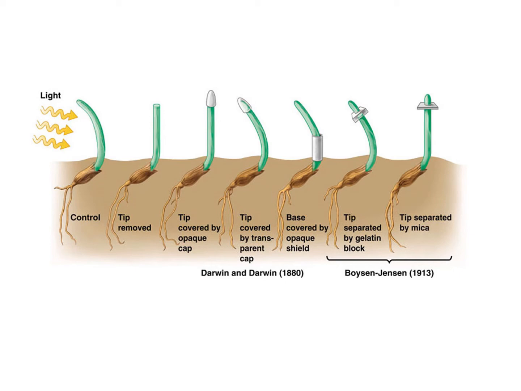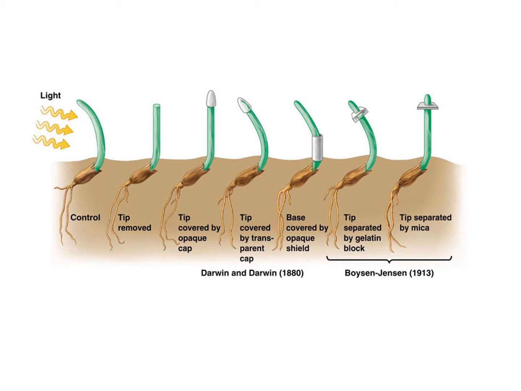He used oat seedlings. So in the control here, you can see how once it germinates, the cotyledon orients toward the light. And he found that if you cut the tip off, it doesn't do that. So, the cells at the tip are responsible for this.